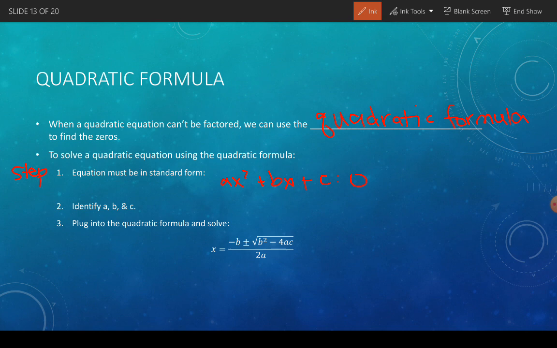And the last thing we do is plug our a, b, and c values into the quadratic formula. Our quadratic formula is x equals -b plus or minus the square root of b squared minus 4ac, all over 2a. So once we look at our quadratic and find out what a, b, and c are, we're going to plug those values into the quadratic formula and solve.